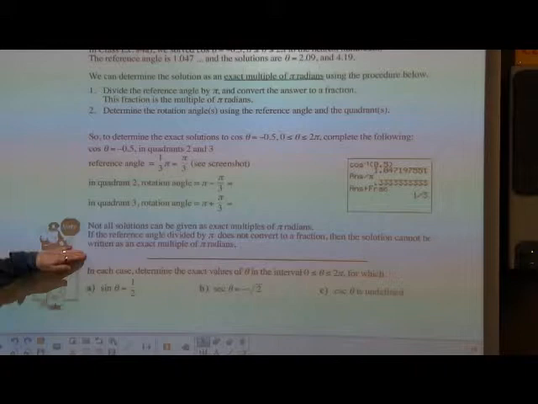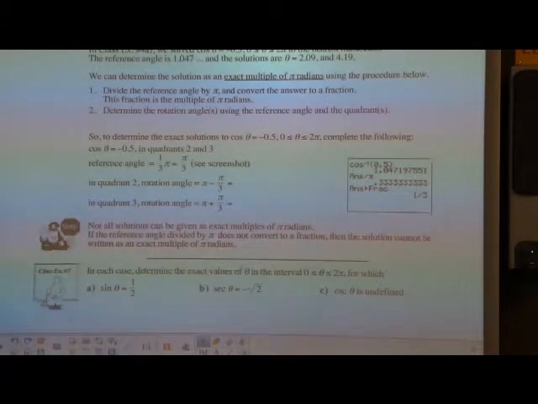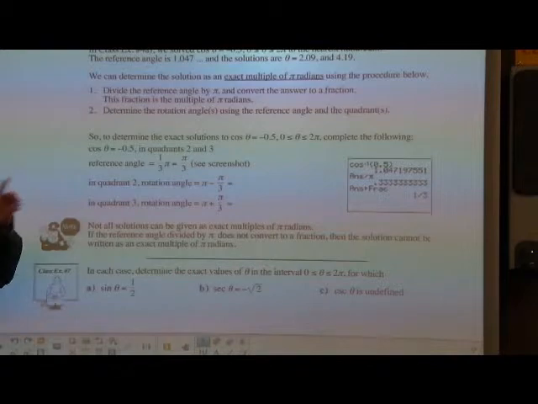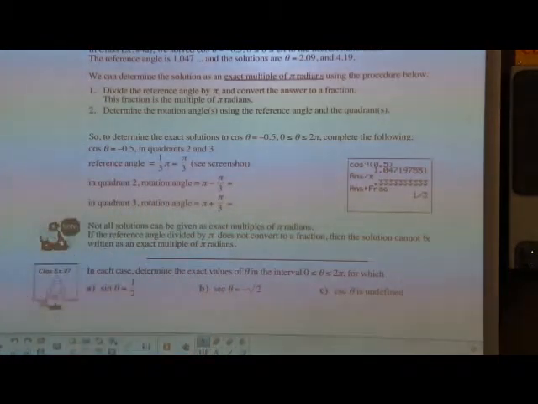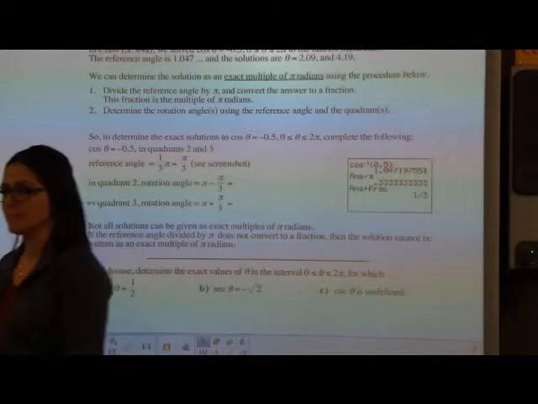So if I follow this, they're showing the computer screen at the same time. If I wanted to figure out cos theta equals negative 0.5, I know I have to be in quadrants 2 and 3. So the first thing that I do is figure out what the reference angle is. So I go cos inverse, and I get this 1.047, etc. If I take that answer and divide it by pi, I now have a fraction.